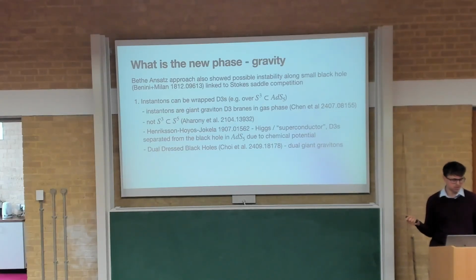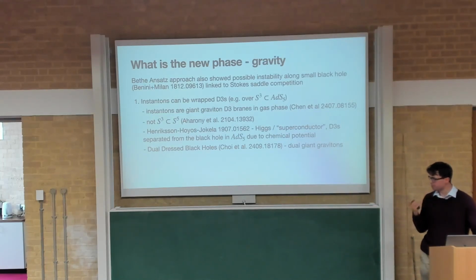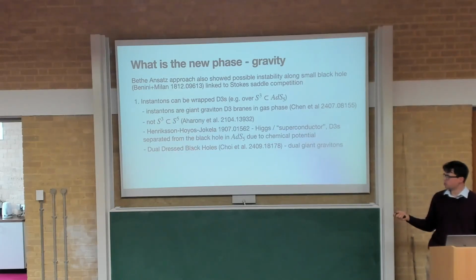So that's quite similar to what we've looked at in the BPS case. There's also this result on dual dressed black holes, which are these black holes with dual giant gravitons around them. But they didn't see this using their mechanism for the charges that we've looked at in this talk. But there could still be a relationship somehow.